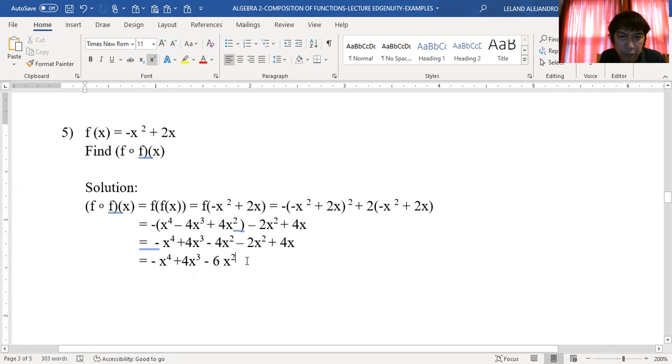And this must be our final answer here. And this is our final new rule. All right, let me clear the board. So you have negative x to the fourth plus 4x cubed minus 6x squared plus the 4x. That should give us our fifth number.